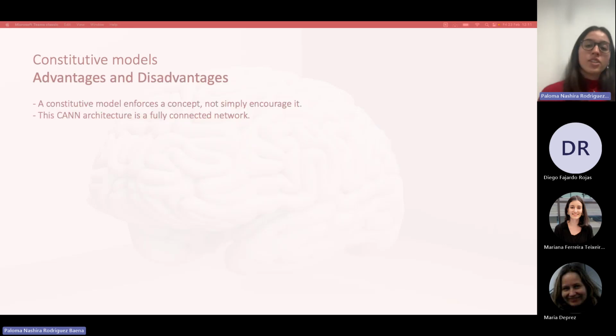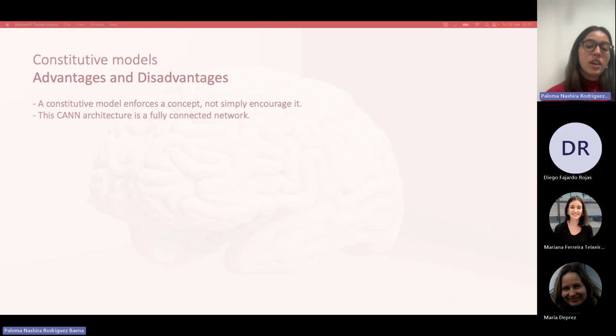There will be several advantages and disadvantages of choosing this kind of architecture, which would of course depend on the application. For example, when implementing a physical concept through a constitutive model, the concept is enforced, not simply encouraged. And this will be an advantage in the case of limited data or when we are very confident in the concept, such as when applying a constitutive law.